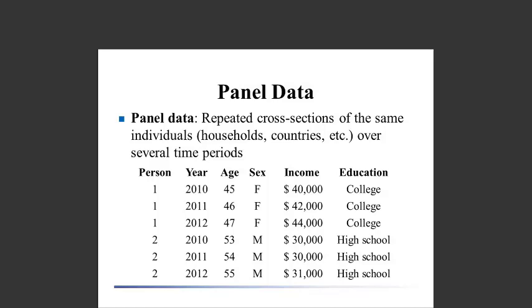So in this case, we have data at the person level, and we observe each person over 3 time periods. Some of the factors, like age and income, you'll notice are changing over time. Other factors, in this case, sex and education, are not.